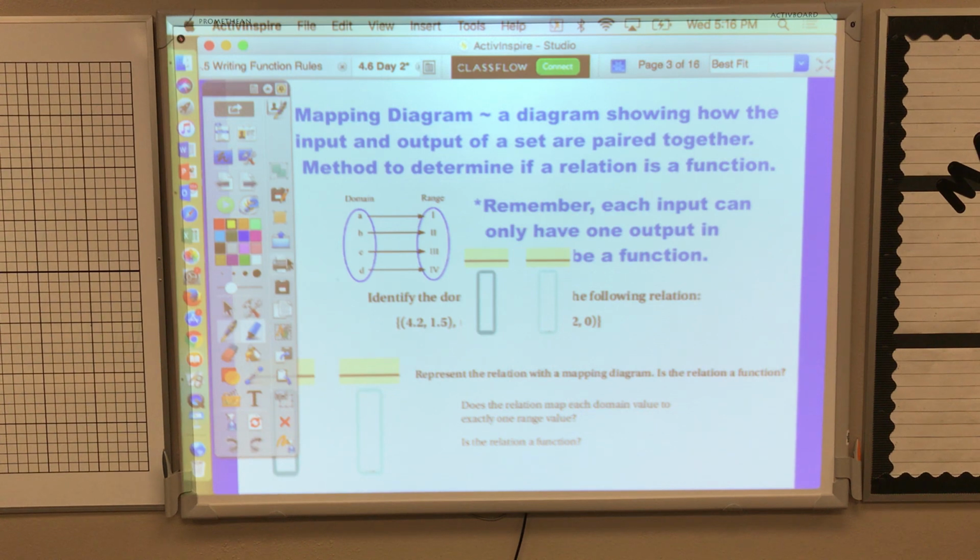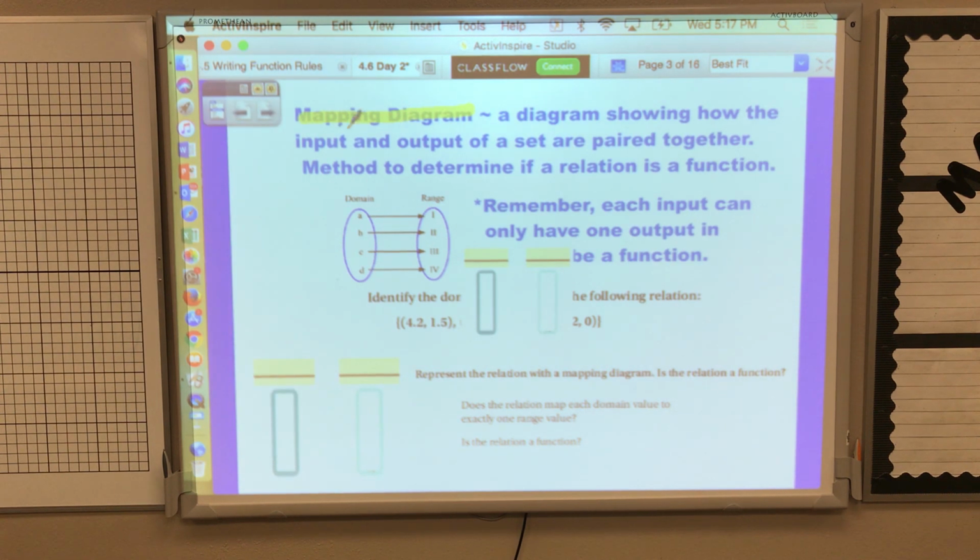In order to decide if a relation is a function, we have two options. The first one is a mapping diagram. A mapping diagram is a diagram showing how the input and the output of a set are paired together. It's showing that relationship.